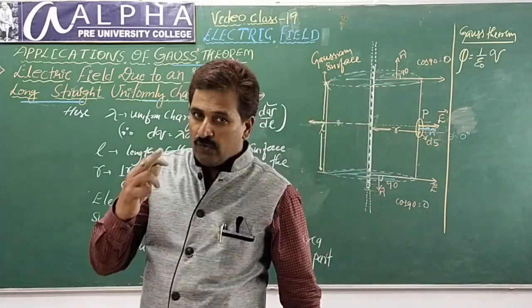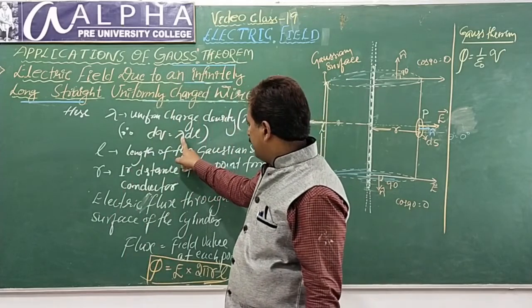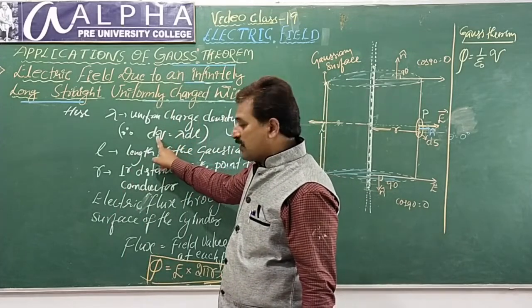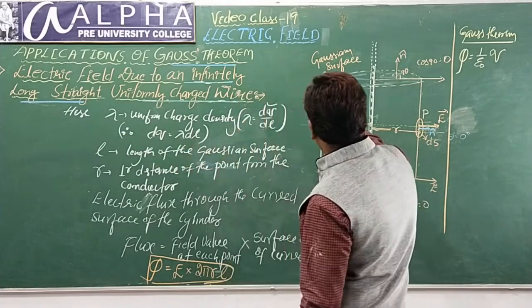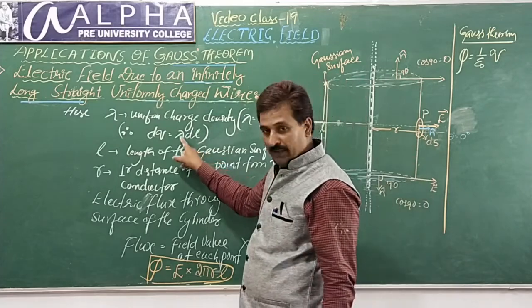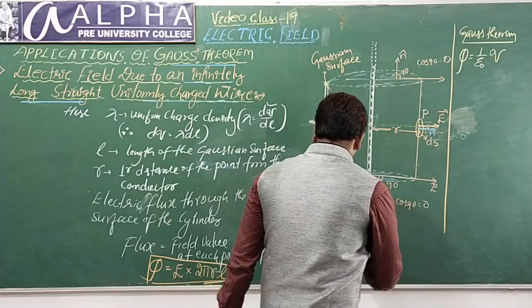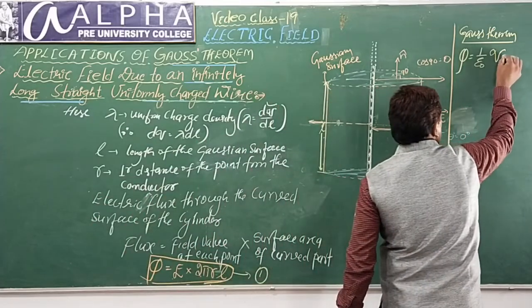Students, how do you find the charge? Since you know the charge density of the conductor, what is charge Q? Charge density times length. I have considered how much length? L. Per unit length charge density lambda. That's why you call this equation 1 and you call this equation 2.